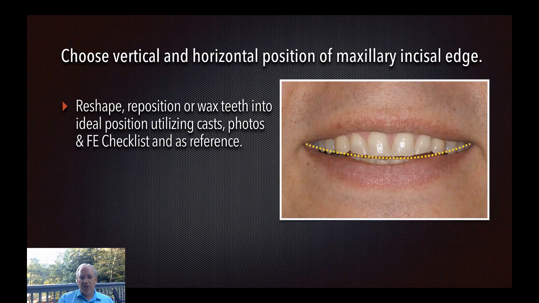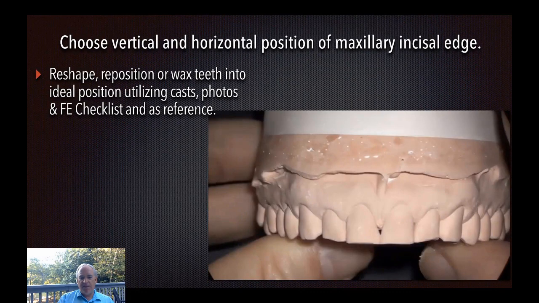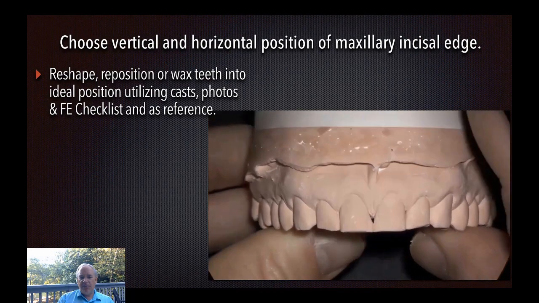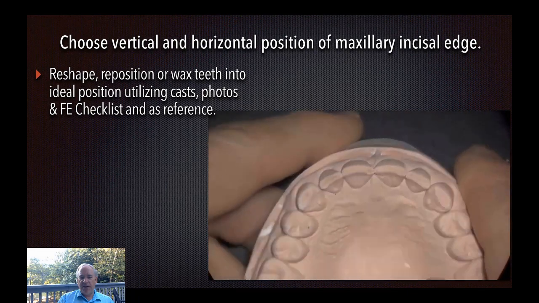We can then do a similar type design, and we basically want to create something that's going to fit nicely against the lower lip, follow the curve of that lower lip. So here again, when you look at the cast, you can see the centrals might need to be a little longer, but we really need to add some length to the distal of our laterals, to the tips of our canines, and to create some embrasure patterns here that are going to look nice.